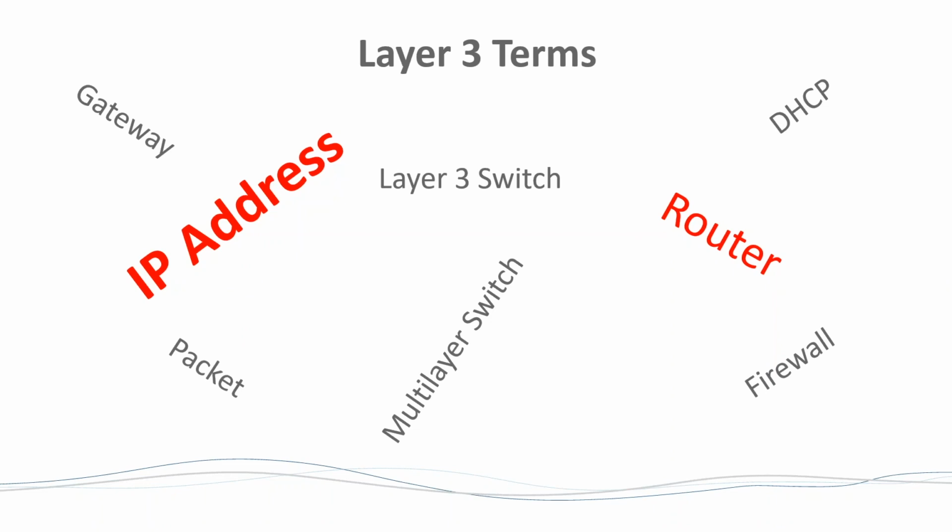Ports let us distinguish between, say, HTML traffic and traffic from a SQL server. So you can have the same IP address, you could have a SQL server running on it and a web server. And by looking at the port of the data coming in, that machine can tell, oh, that's bound for the SQL server. Oh, and this one's going to the web server. That's what ports kind of do, right?